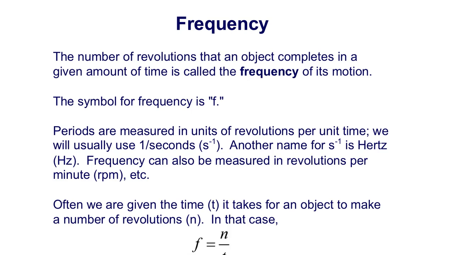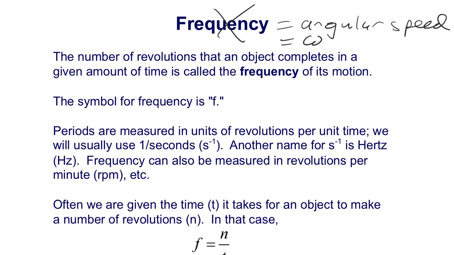Okay, do you guys remember when we talked about frequency? Frequency being like angular speed, and we disregarded the word frequency. We used angular speed or omega for what frequency means, the revolutions per second.